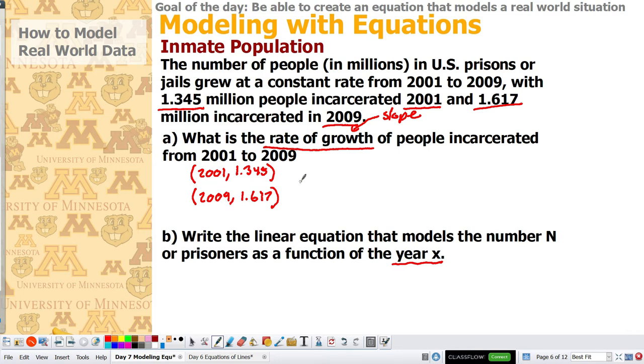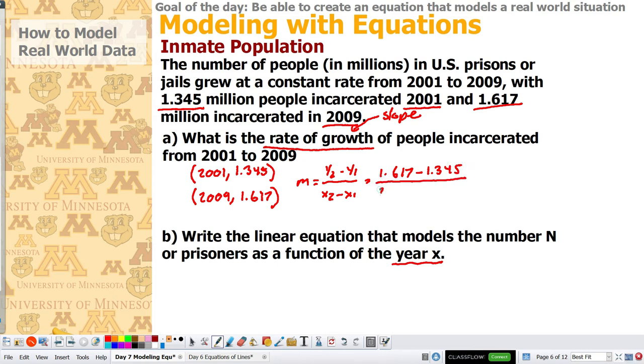And for that, I can just use my slope formula because I have 2 points. So y2 minus y1 over x2 minus x1. For me, that's going to be 1.617 minus 1.345, the y's on top.